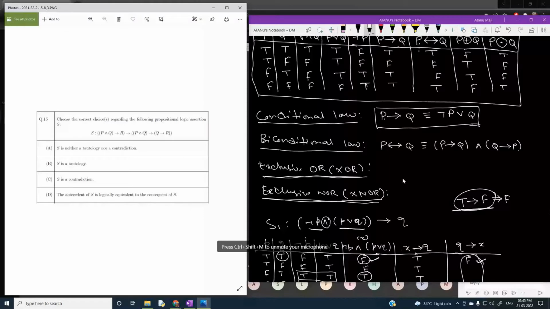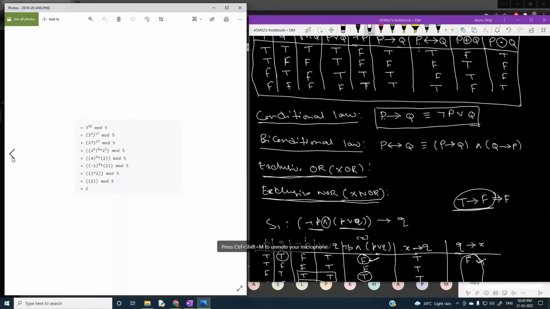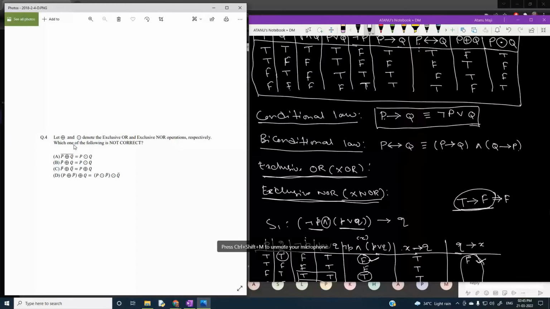Now, another thing you can see here, one problem like this, where suppose this and this symbol are denoting the exclusive OR and exclusive NOR, whatever we have discussed already. The question is, which one of the following is not correct, right?